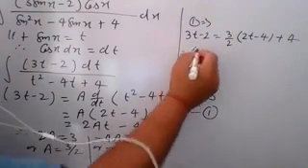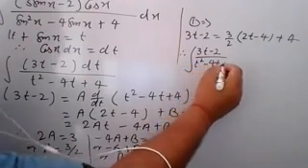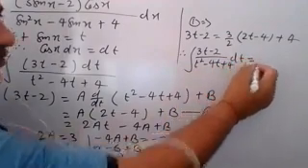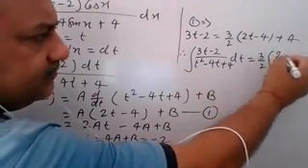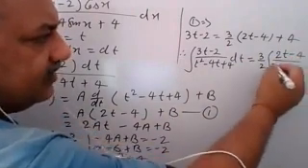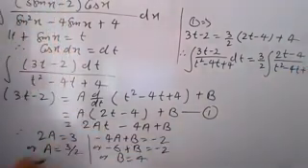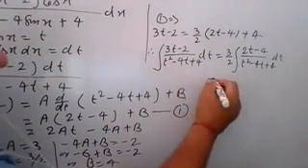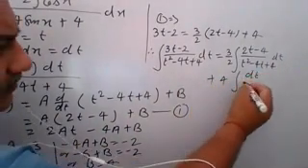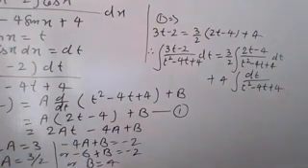Hence, integration of (3t minus 2) divided by t square minus 4t plus 4 dt is equal to 3 by 2, that is your constant number, integration of (2t minus 4) divided by t square minus 4t plus 4 dt, plus 4 is constant, dt upon t square minus 4t plus 4. You can write in this way. Note it down up to here, then I will erase it.